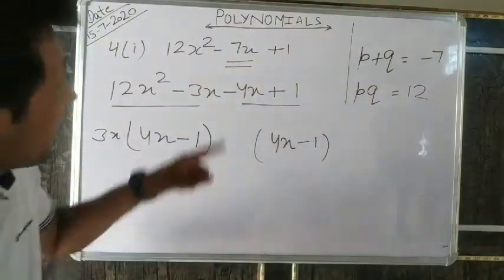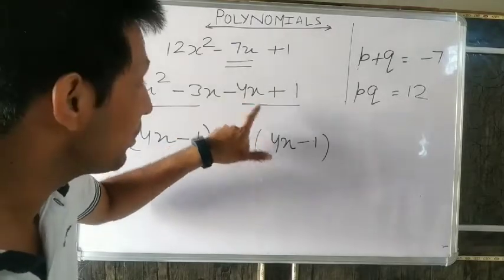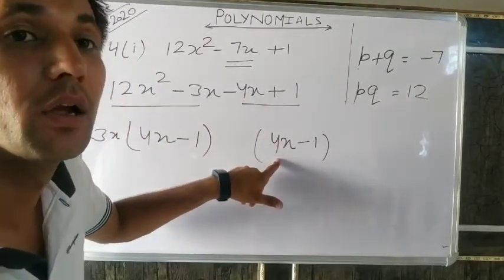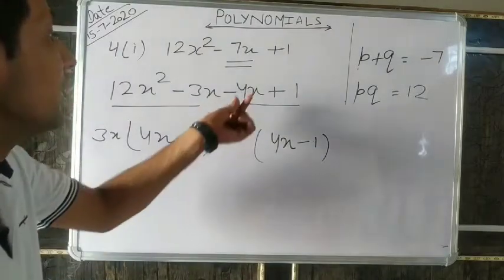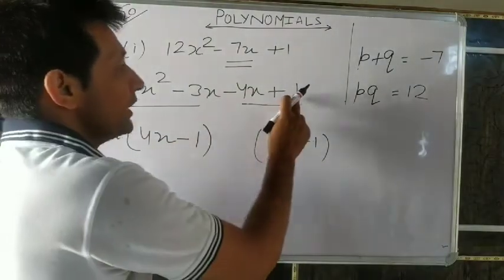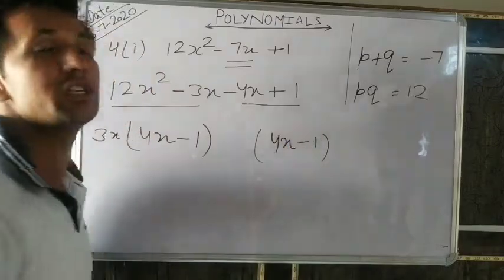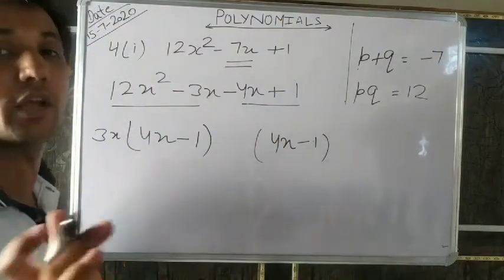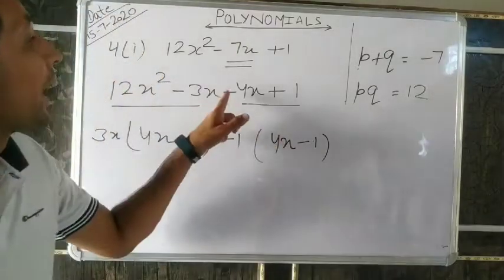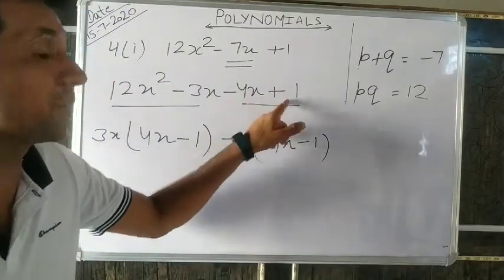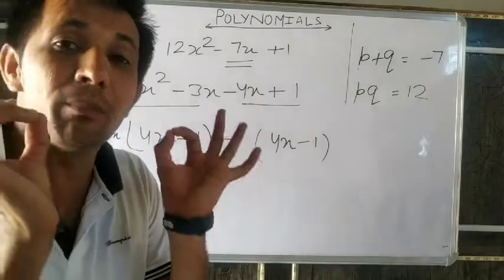We observe here 4x is negative, but here we write positive, so it means we took common minus 1. Understand? Whenever the sign is changed, it means we took common minus.